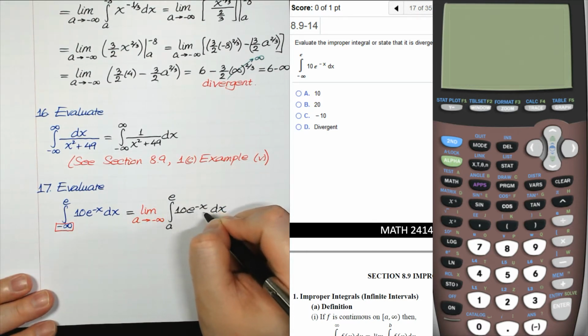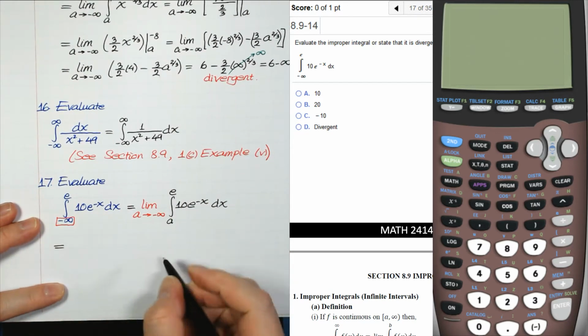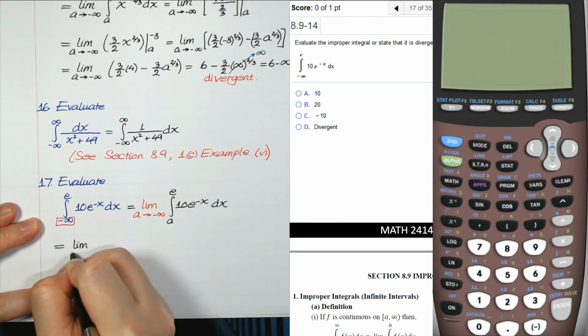I'm still not sure why they put e here, but let's continue.